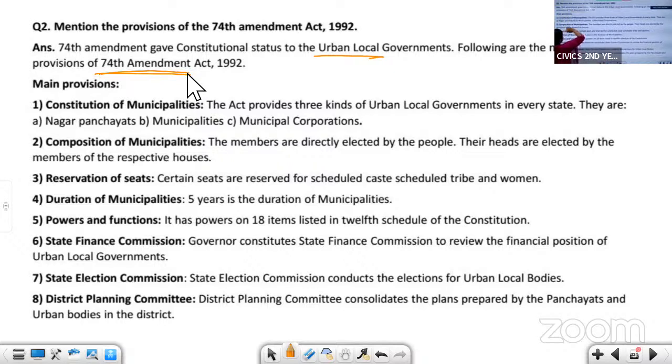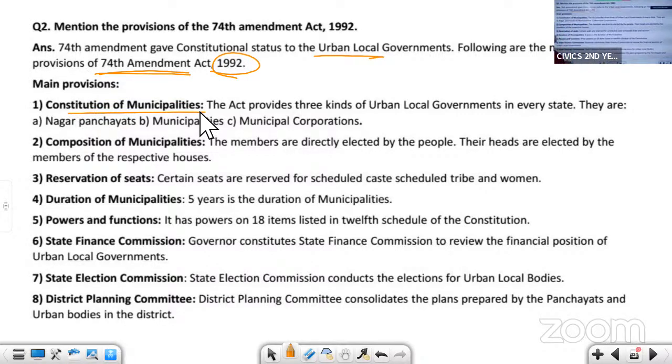It was the 74th Amendment done to the Constitution in 1992. So, what are the main provisions of 74th Amendment Act? The 74th Amendment Act deals with constitution of municipalities, how the municipalities will be formed.